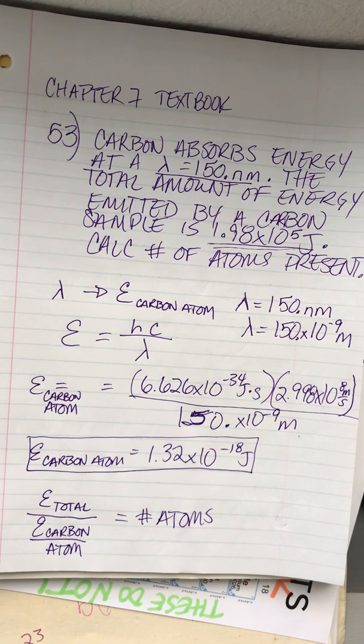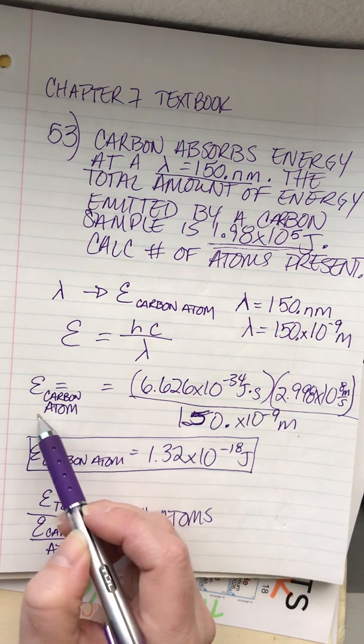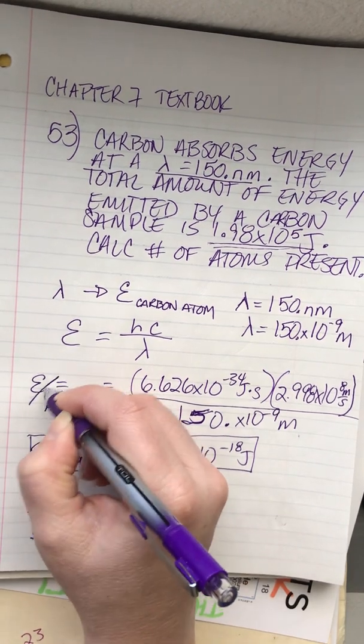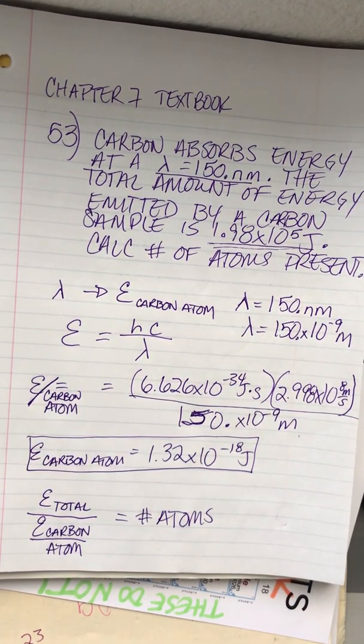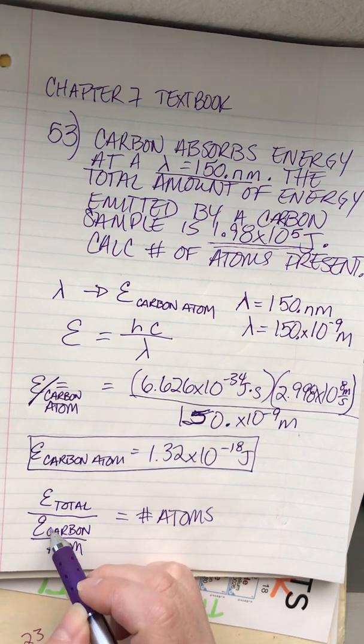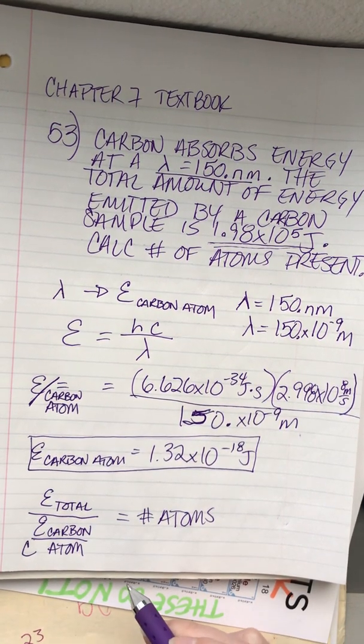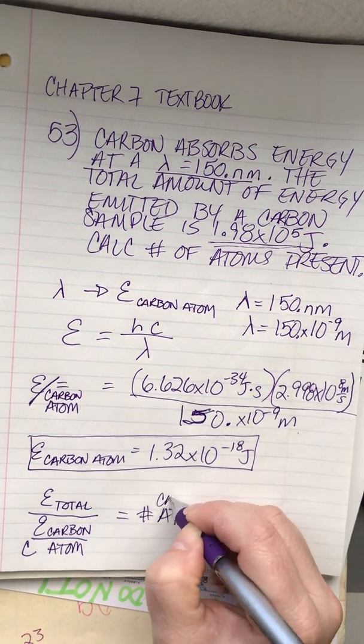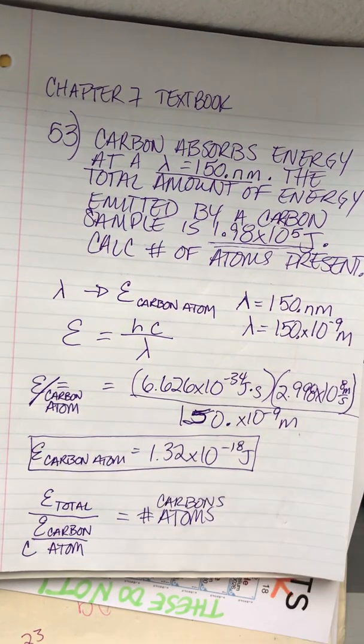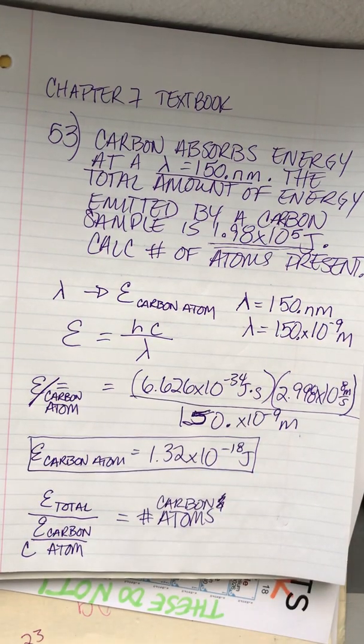Does it make sense why? Yeah, like you're basically taking a small amount and putting it into the whole and seeing what number you get. Exactly. So we could think of this as being the energy per carbon atom, right? Now we have the energy divided by energy per carbon atom. When we do this division, what we come up with is carbon atoms, right? Does that make sense? Yep.